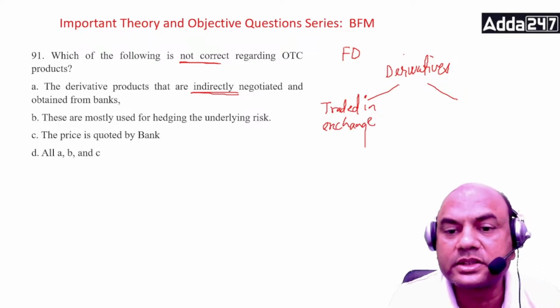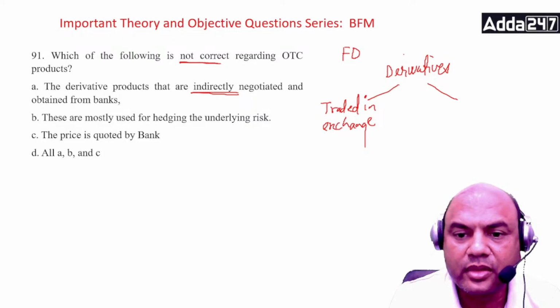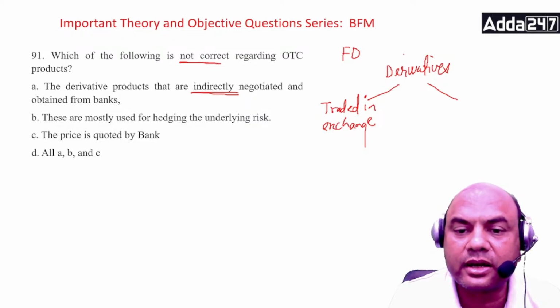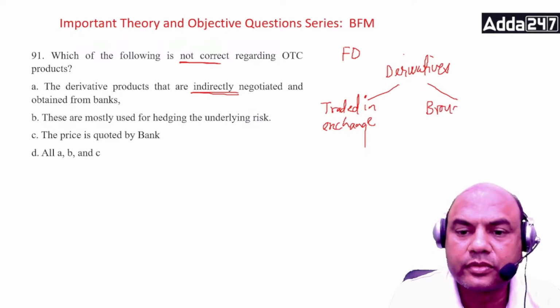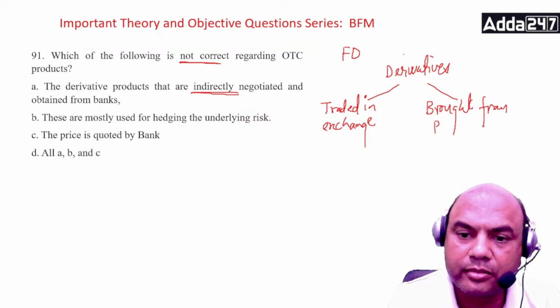And the second one is directly bought from the bank, purchased from the bank, or with the bank. Bought from the bank. Means over the counter.